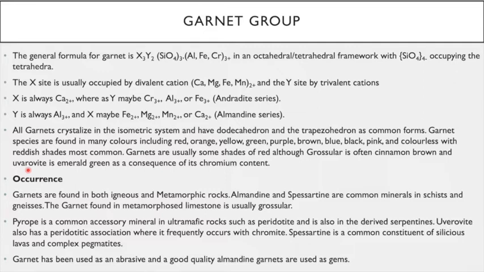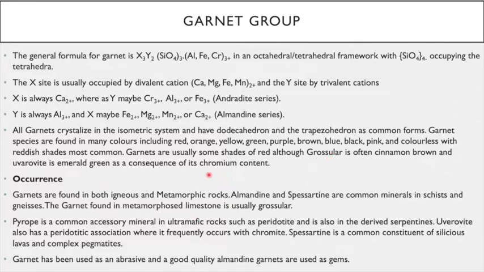The colors depend on the impurities. A minor amount of other minerals can change the whole color of the gemstones. Garnets are usually some shade of red, although grossular is often cinnamon brown, and uvarovite is emerald green as a consequence of its chromium content.